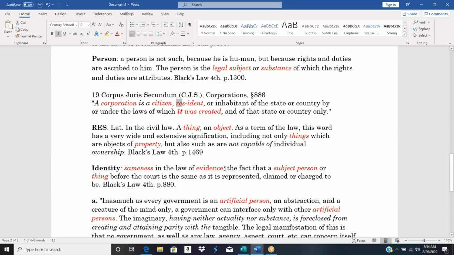Sameness in the law of evidence. So when you appear, you're appearing as a resident. You're identified as property. Look on any application. It says resident. It says, are you a United States citizen? You're checking yes. Get it straight, fellas.